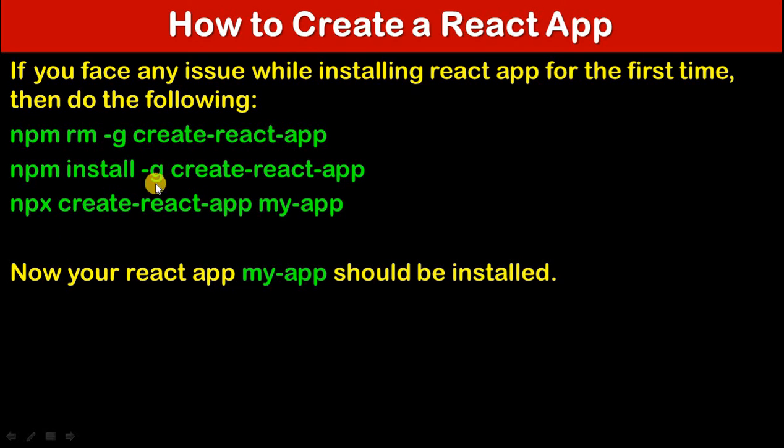You need to follow these steps: npm rm -g create-react-app, press enter. After removing, install it again with npm install -g create-react-app, and press enter.